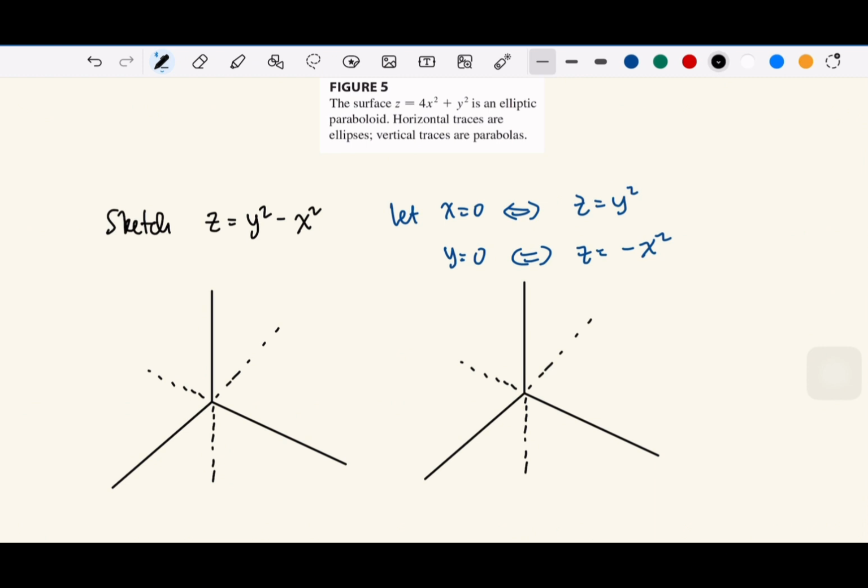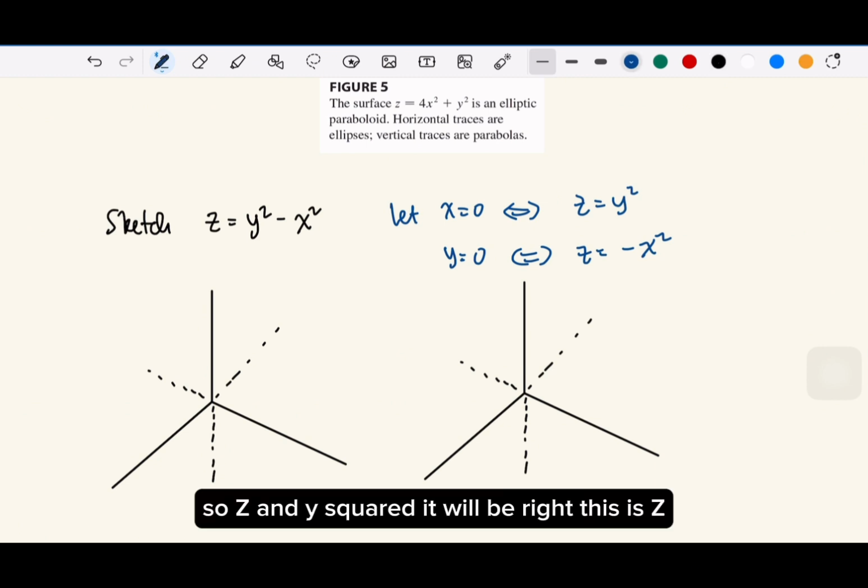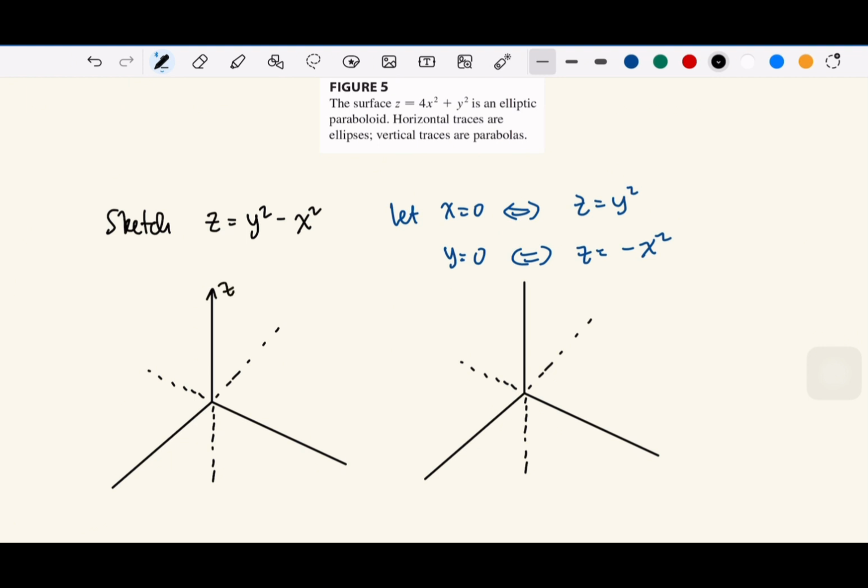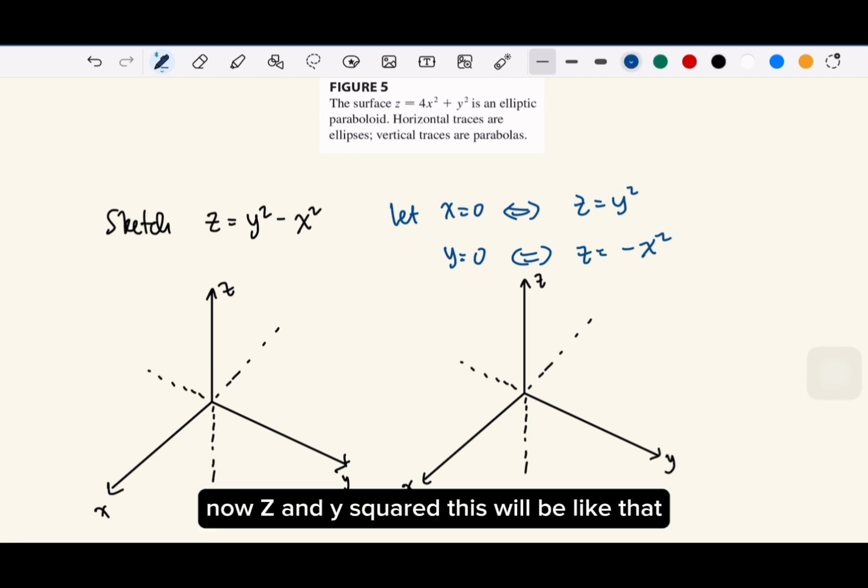Okay. So z and y squared, you write this is z, x, y. Now z and y squared, this will be like that.